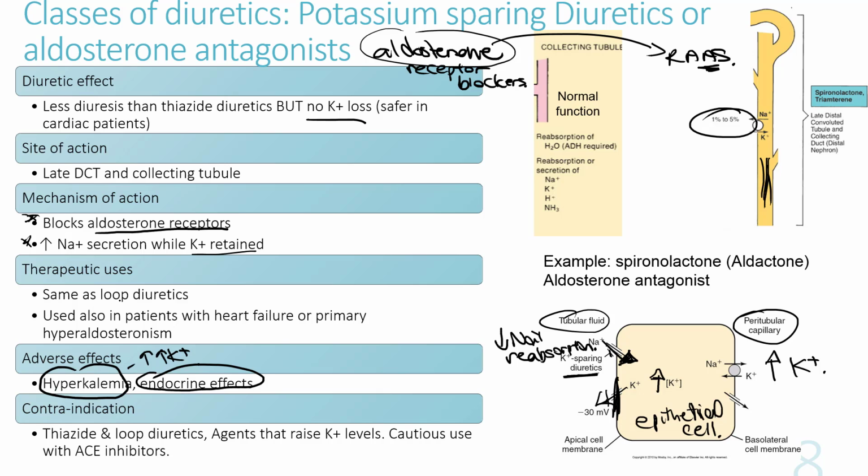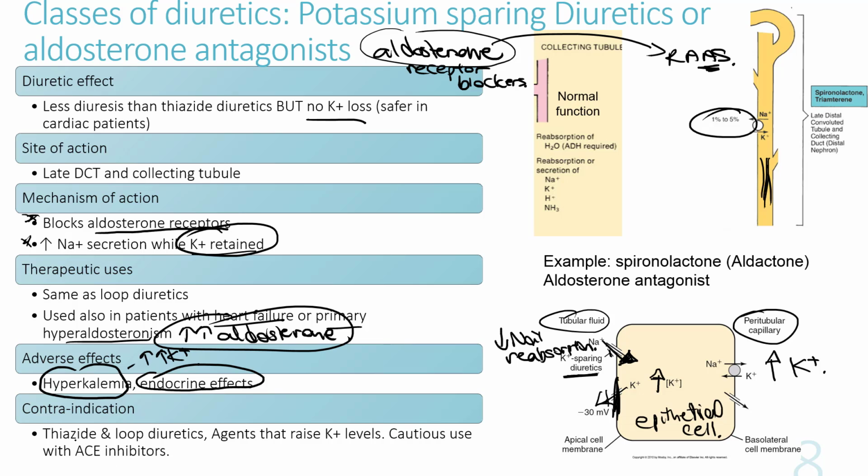The use is pretty much the same as loop diuretics, but it's also used in patients with heart failure because it maintains the level of potassium. It's also used in people who produce too much aldosterone, right? Primary hyperaldosteronism is when too much aldosterone is being produced, and so it's used to block the effects of aldosterone.